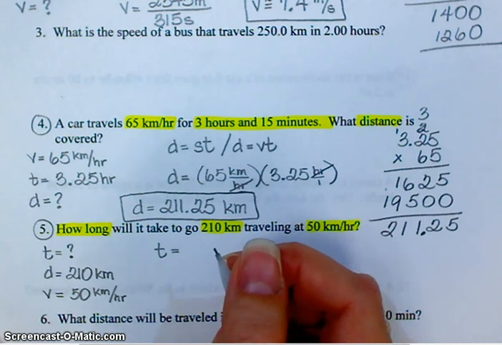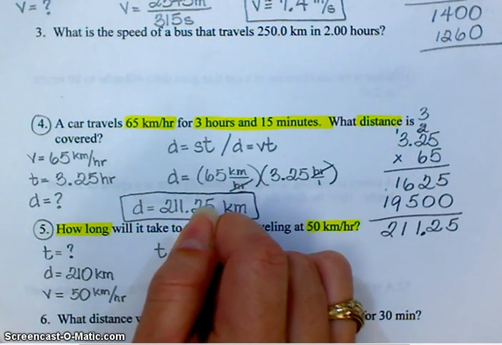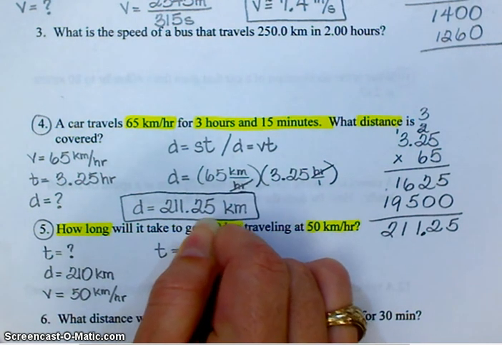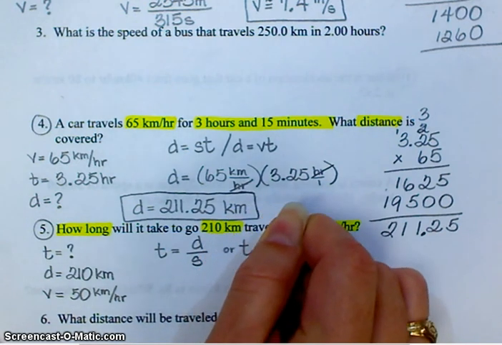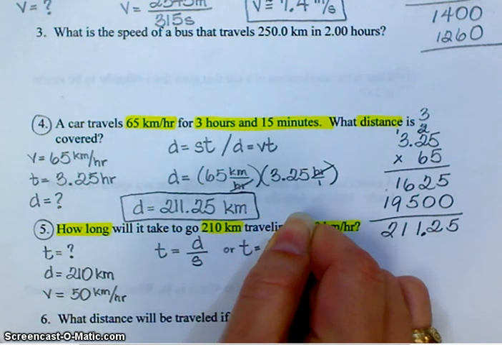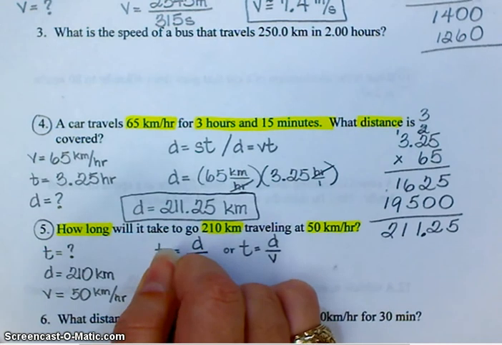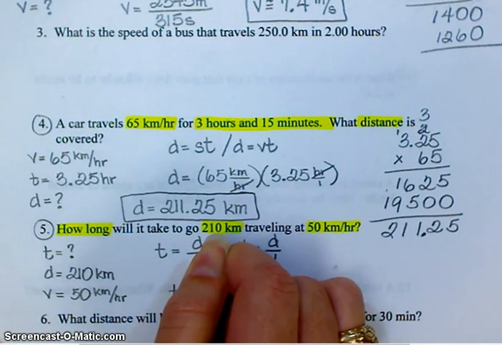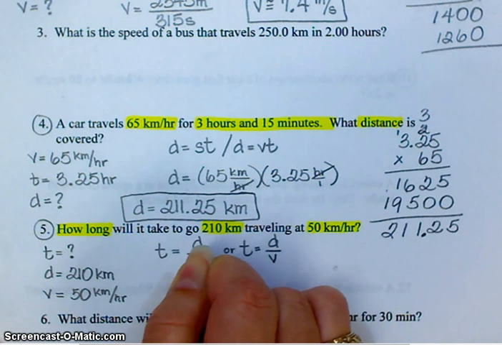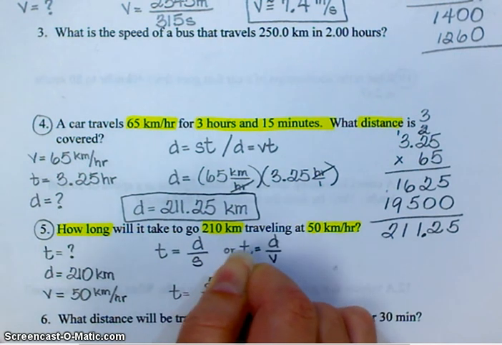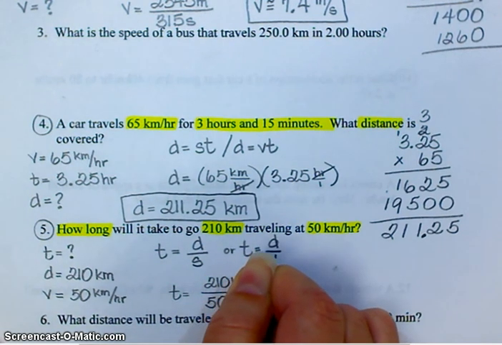I've got some differing points of view. What is it? Distance divided by speed? Or distance divided by velocity, depending on what we're calling it. Okay. So time equals 210 kilometers divided by 50 kilometers per hour.